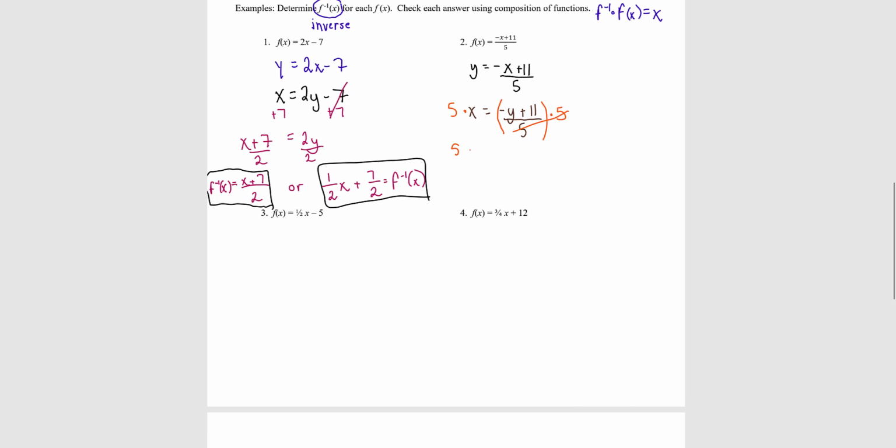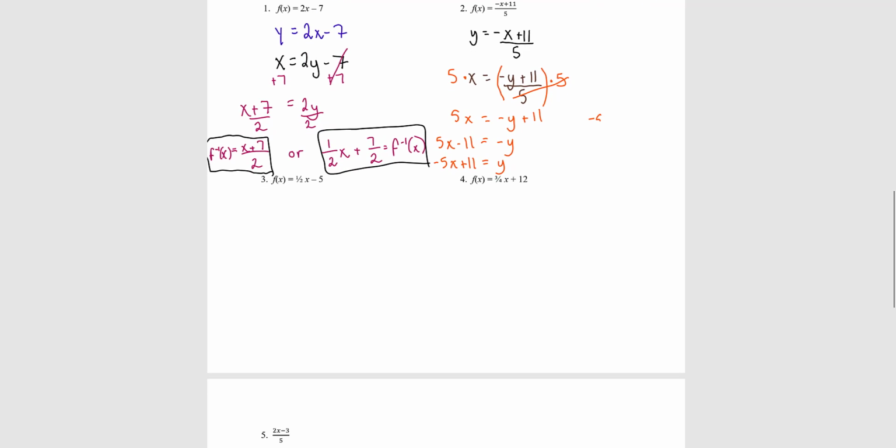So we get 5x equals negative y plus 11. Subtract 11 from both sides, divide everything by negative 1. So negative 5x plus 11, that should be our inverse.